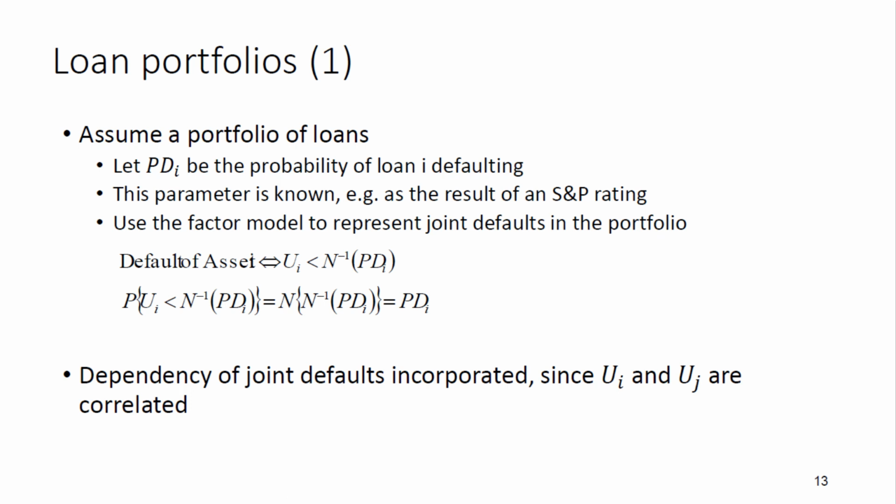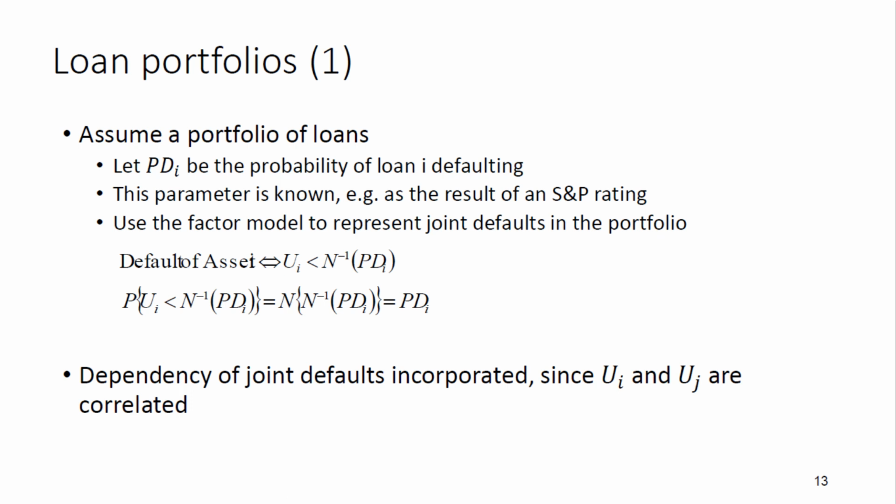This normal inverse of PDI is exactly the threshold where we say that if worse values for UI arrive, then it's a default. And if the value is better than this threshold of the normal inverse of PDI, then it's not a default. So what we have done is use this UI variable to determine a threshold, so that I can very easily express defaults and non-defaults of individual assets in terms of evaluations of UI.